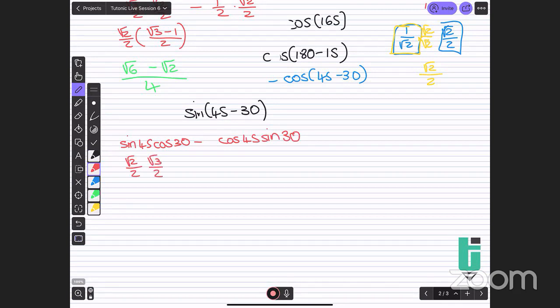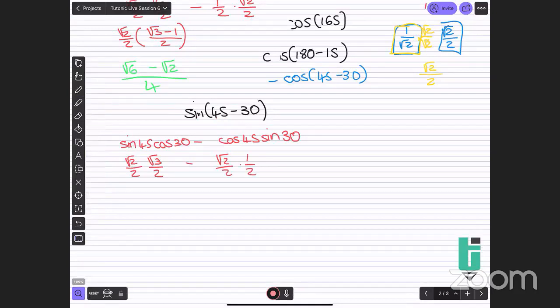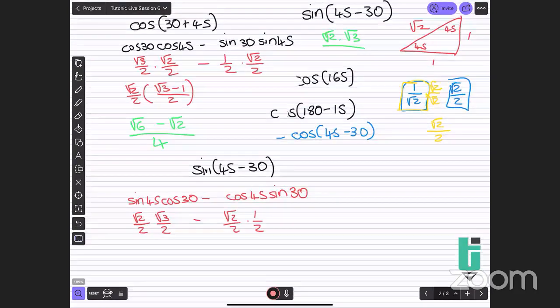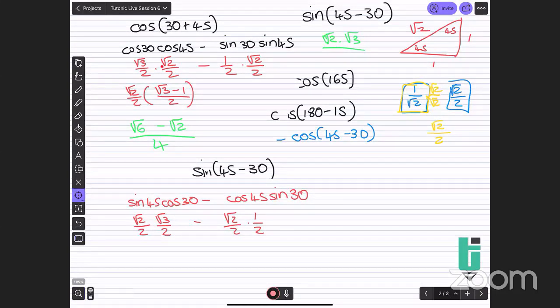And cos 45 is also root 2 over 2. And sine 30 is a half. Doesn't that look familiar? Yeah, it looks the same as the previous one. So you've got the same answer.